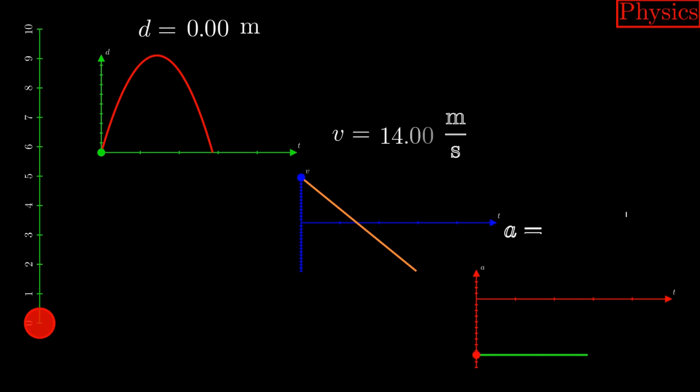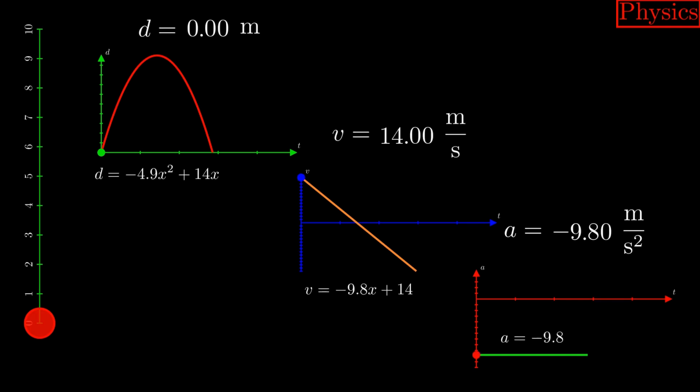By the way, the acceleration in this example is negative 9.8 meters per second squared. This is a very important number in physics, or in classical physics at least, and it will definitely come up in many future videos, so don't forget that number.